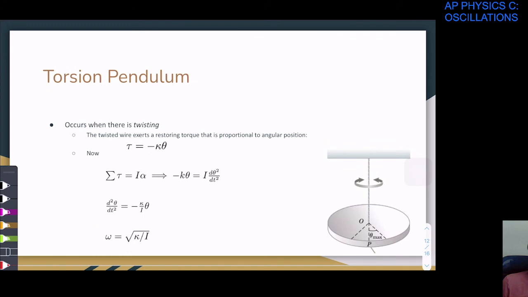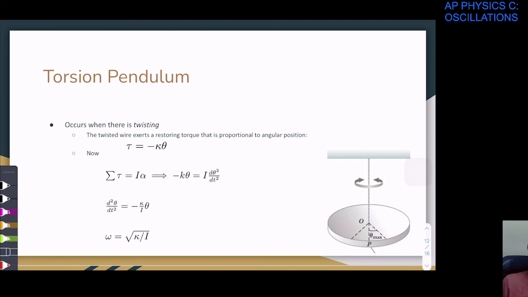Now there's one other type of pendulum. It's called a torsion pendulum. This occurs when there's twisting. So you can see you have a mass over here, and instead of moving this thing here and making it rock back and forth, we're going to twist it here. This twisted wire exerts a restoring torque that's proportional to angular position.